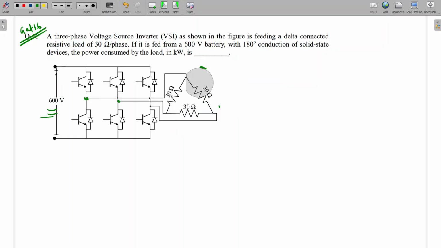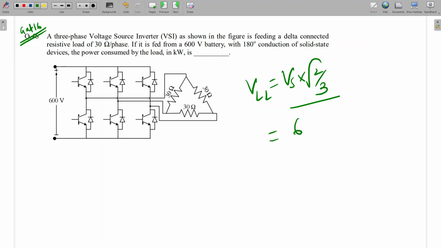For 180-degree, the line to line voltage is Vs into root 2 by 3. Is it clear? So that will be 600 into root 2 by 3.